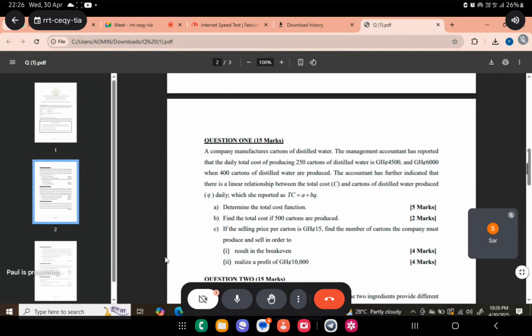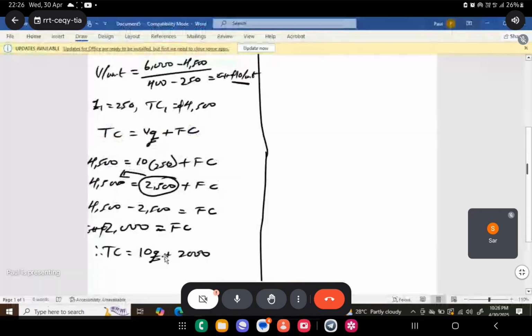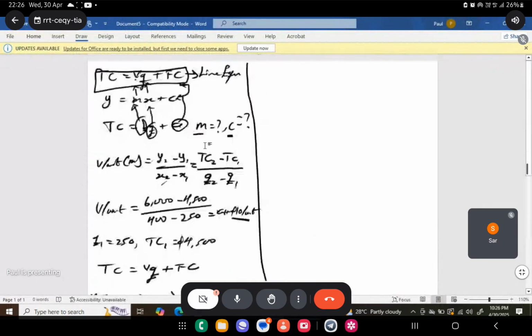Now, the first question is saying determine the total cost. When you are being asked to determine the total cost function, you should always know how it looks. It looks like a straight line, Y is equal to mx plus c. Anytime, you are supposed to find your m, which is the slope, and the c.